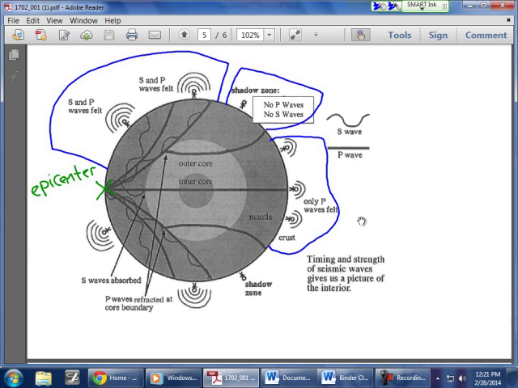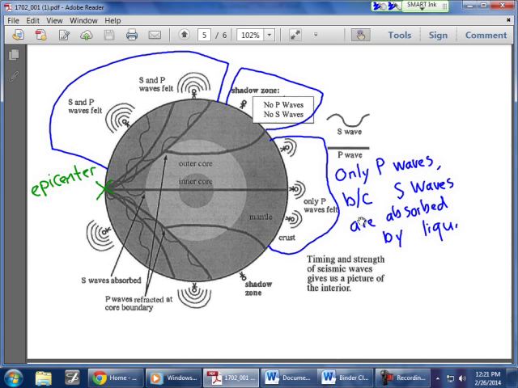They get stopped. They get absorbed by the liquid outer core. So there's only P waves because the S waves are absorbed by the liquid outer core.